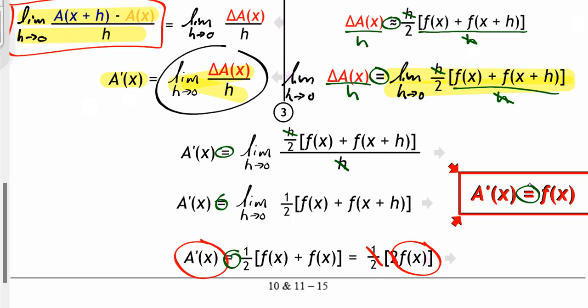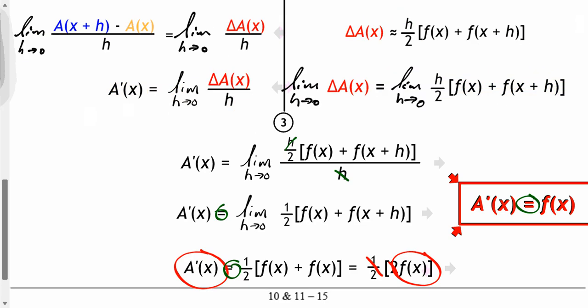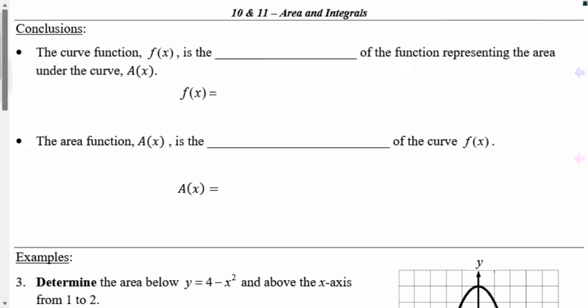All right. Do you want to write any of this down? Let's get this going. The curve function f of x is the derivative of the function representing the area under the curve. Okay, so this is just restating what we did on the previous page.